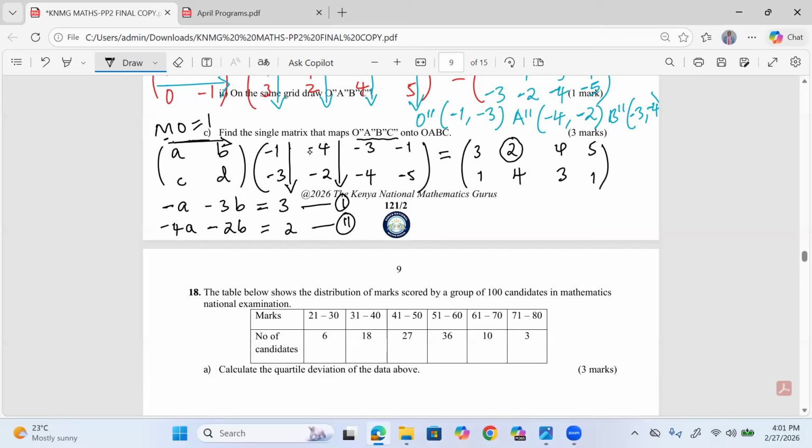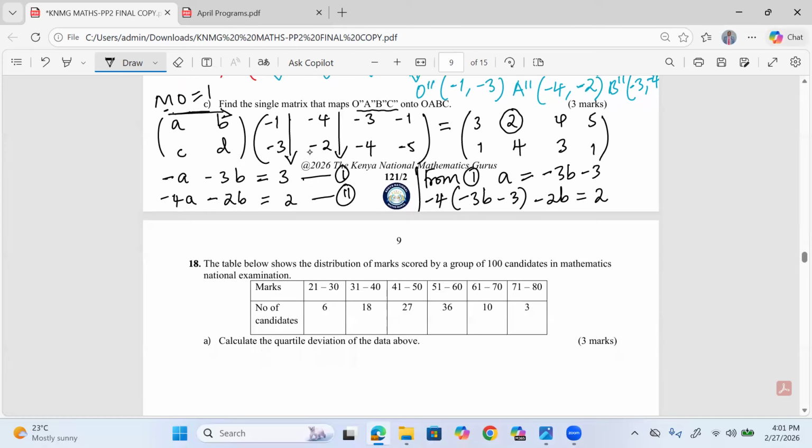So allow me to prefer the substitution method, so that from equation 1, the value of A can be expressed as, taking A to be positive on the left, -3B - 3, that way. So that equation 2 becomes -4 times (-3B - 3), then -2B, and this is equal to 2, that way.